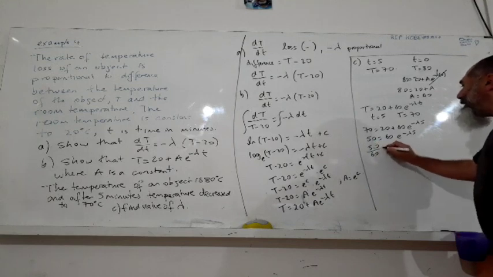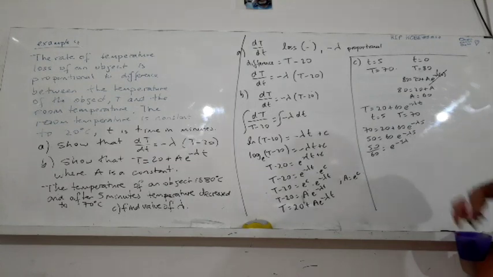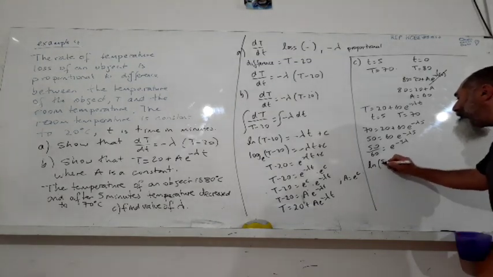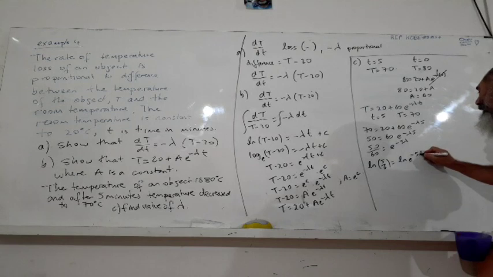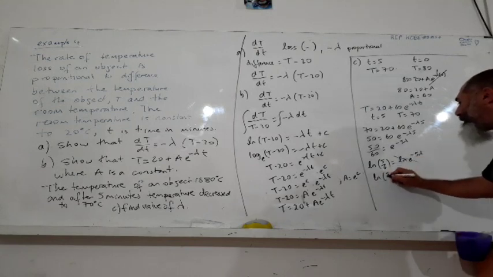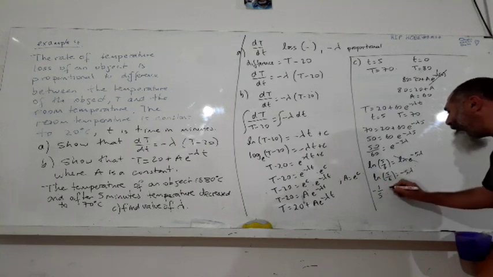And if we have an unknown as a power of e, we have to use ln. ln 5 over 6, instead of 50 over 60, I use 5 over 6, is equal to ln e to the power of minus 5 lambda. These cancel each other. ln 5 over 6 is equal to minus 5 lambda. So minus 1 over 5 ln 5 over 6 is lambda.